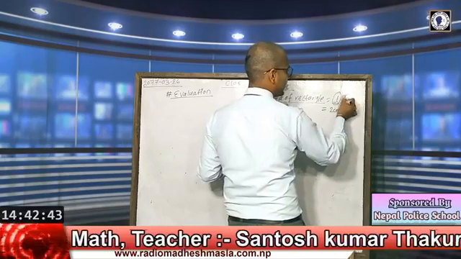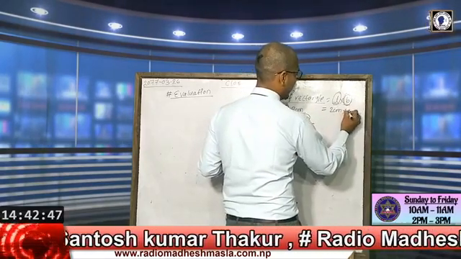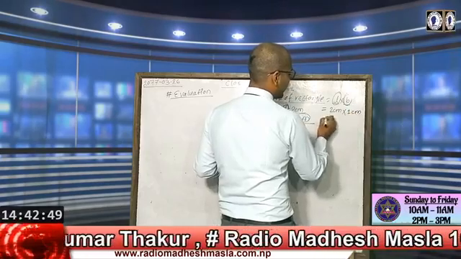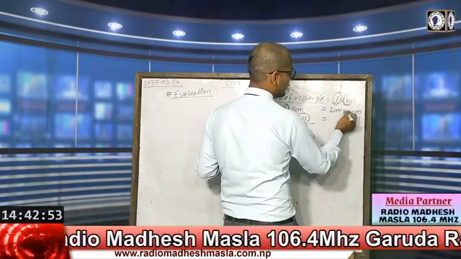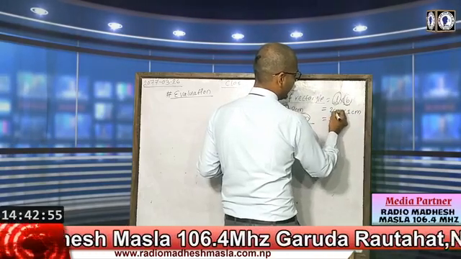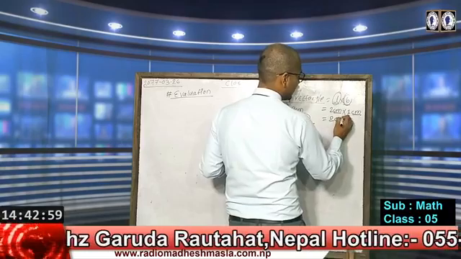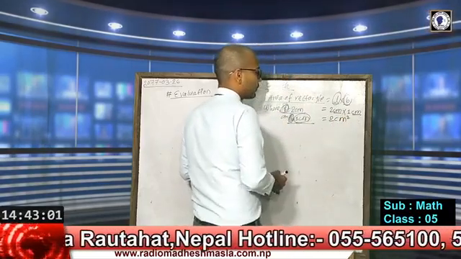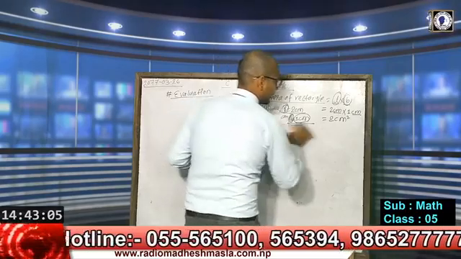Then at the place of B we write 1 centimeter. Then 2 into 1 is 2, and centimeter multiplied by centimeter is centimeter square. We have another example, and we will discuss it.